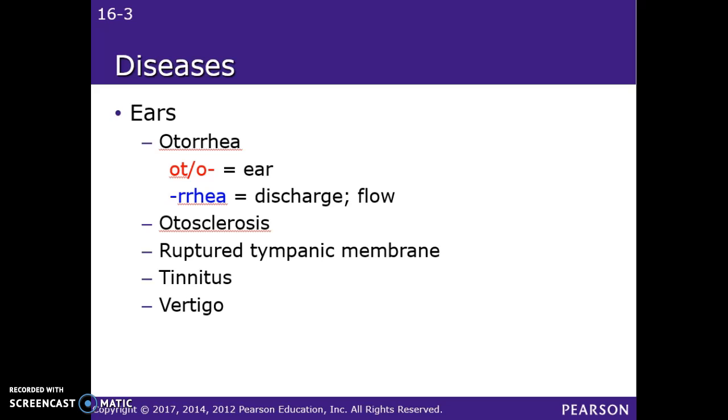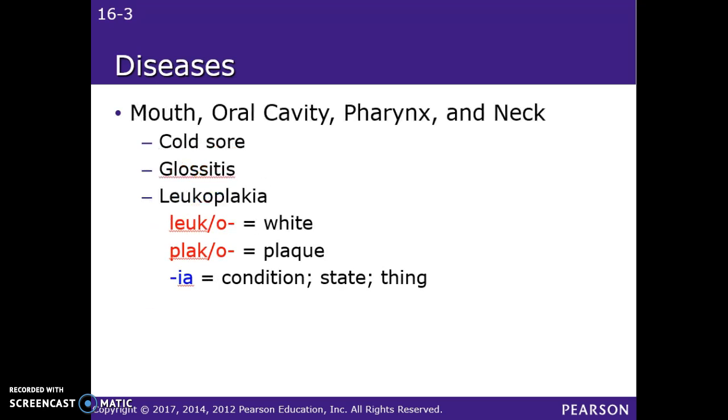We're going to look at ear infections, vertigo, which is dizziness that has to do with those small little bones in your ear, believe it or not. All of those things are things that we're going to be looking at as it applies to the ear. And then we're also going to look at the diseases that go along with the mouth. So everything from a cold sore to mouth cancer, etc.